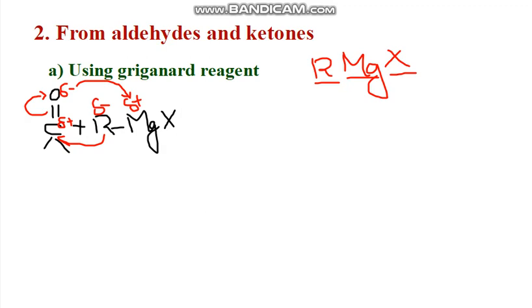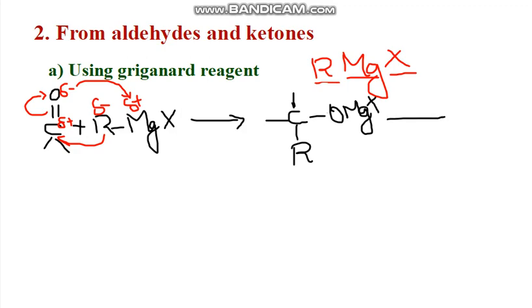So what is the product obtained here? So this is the product. Alkyl group will attach to this carbon and MgX, the metal part of the Grignard reagent, will get attached to this oxygen. Next we will hydrolyze this. Hydrolysis will occur, that is reaction of water in presence of an acid. That is H2O will add.